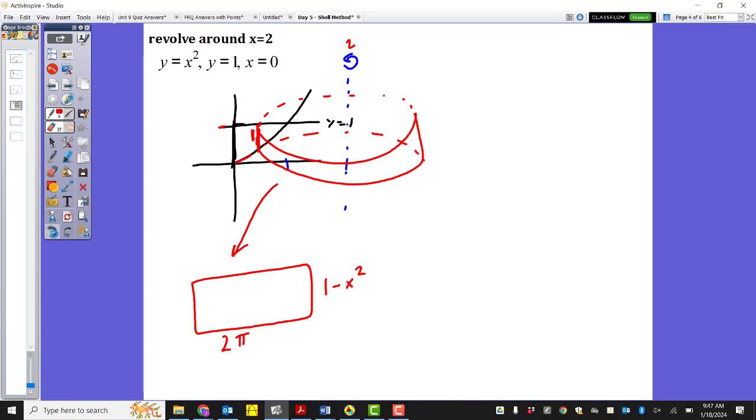So to come out with a positive value, we actually have to do 2 minus x, the axis minus x. Then when we set it up, we have 2 pi, integral from 0 to 1, of 2 minus x times 1 minus x squared dx. And this would be our volume formula for this one.